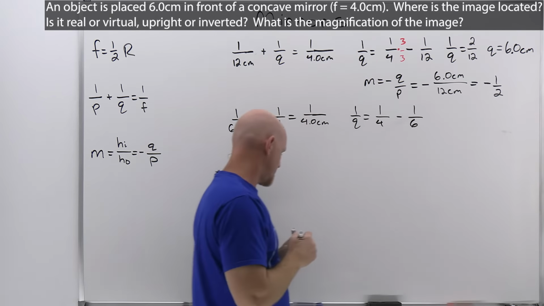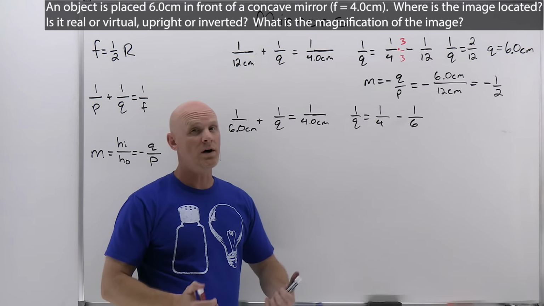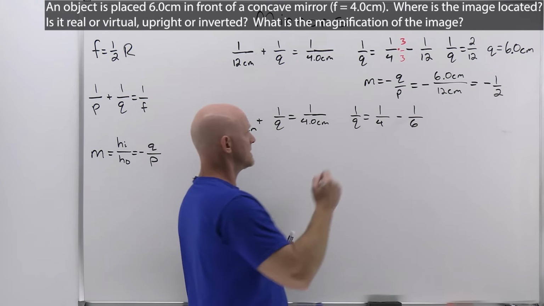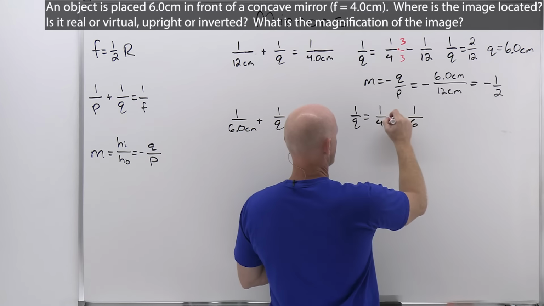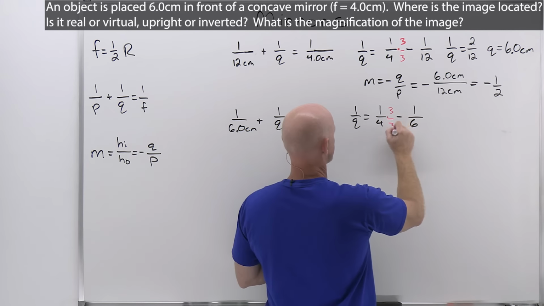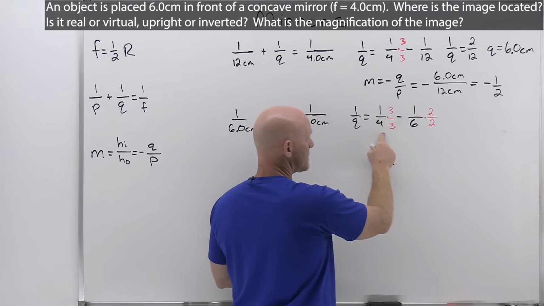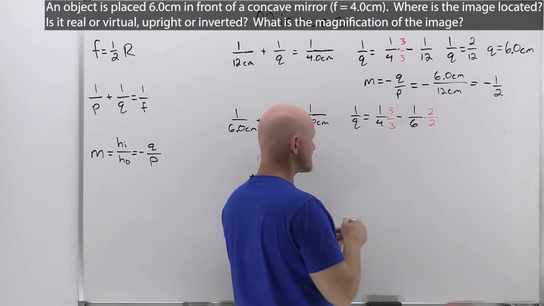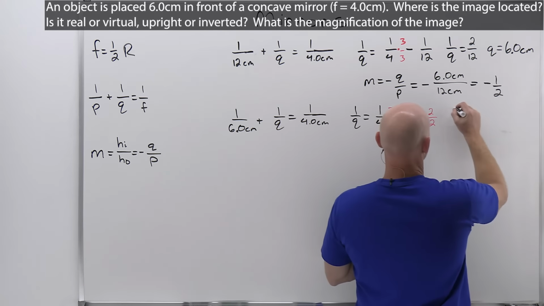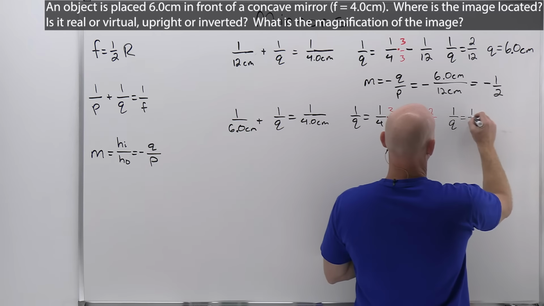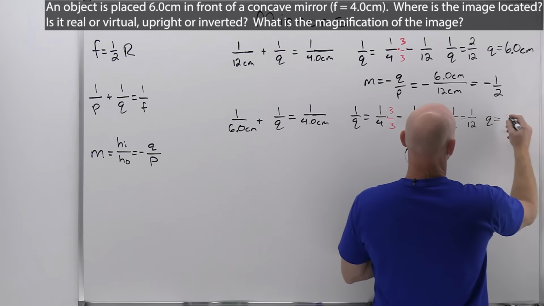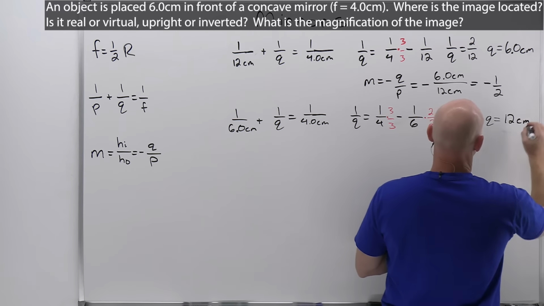Get your common denominator, which in this case, your lowest common denominator would be 12. You could also technically use 24, but I like 12. And so to get that, I'm going to multiply the first term by 3 over 3, second term by 2 over 2. We're going to have 3 over 12 minus 2 over 12, which is 1 over 12. So in this case, 1 over q equals 1 over 12. And easy to see that q is going to equal 12 centimeters.